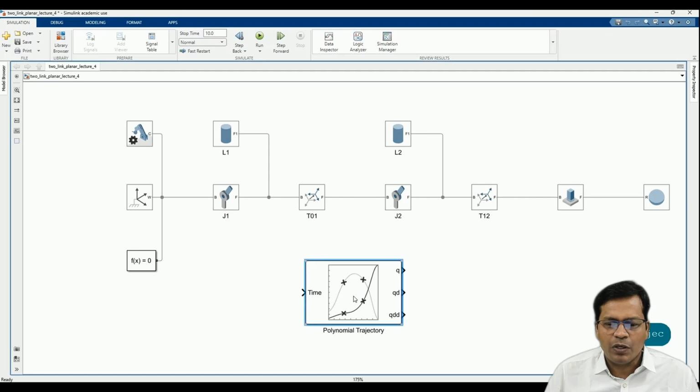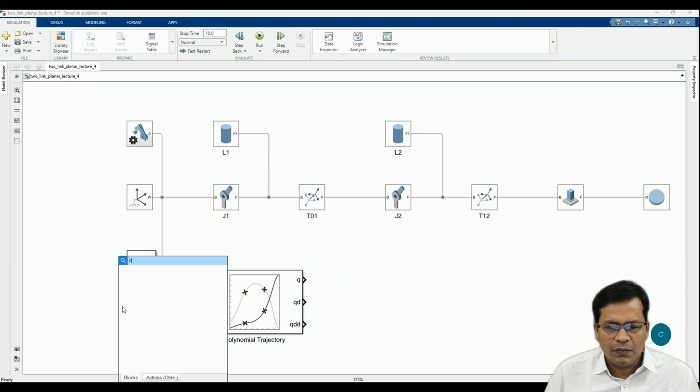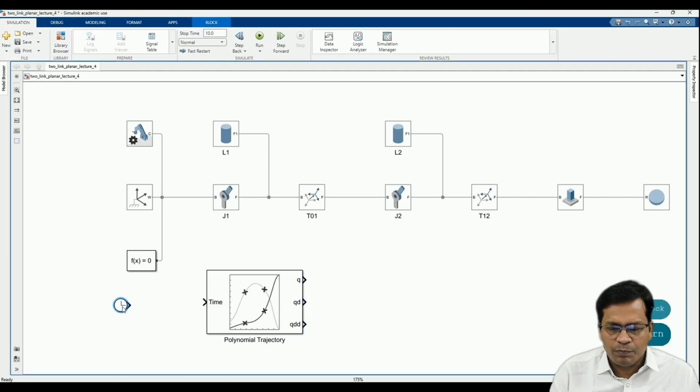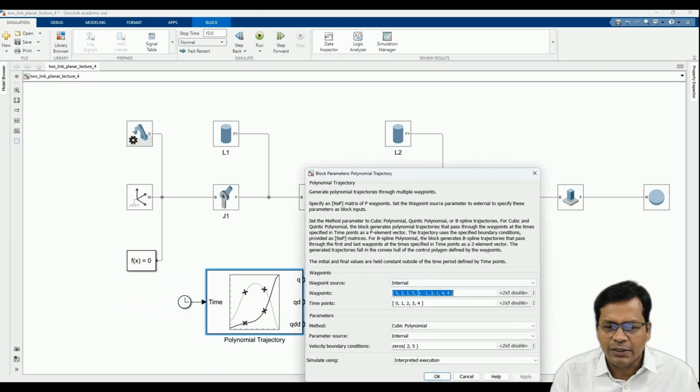Now I will insert the polynomial trajectory block. This takes simulation time as input and calculates the trajectory. These are the waypoints for joint 1, from 0 to pi by 2, using a cubic polynomial trajectory. You can see the parameters, our method is cubic polynomial. For the second joint, it is 0 to pi by 2 once again.